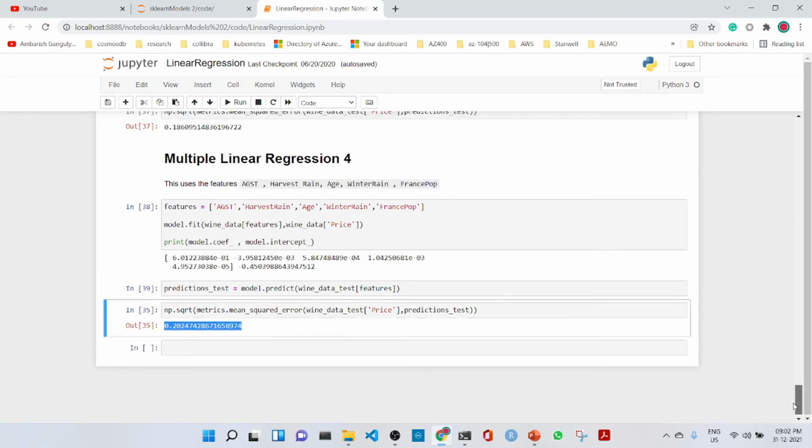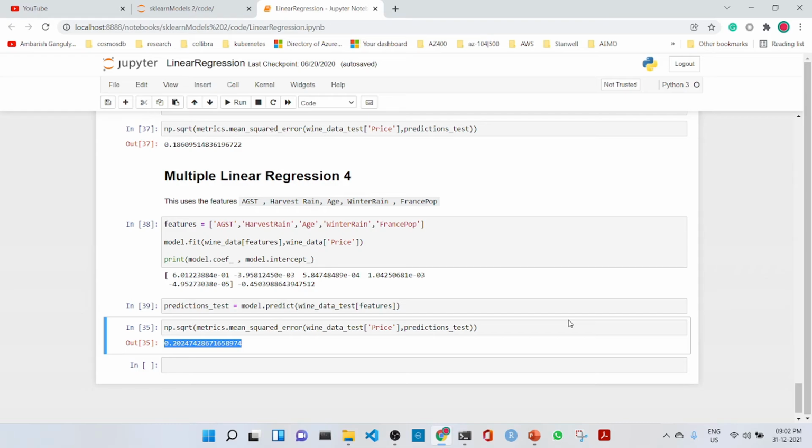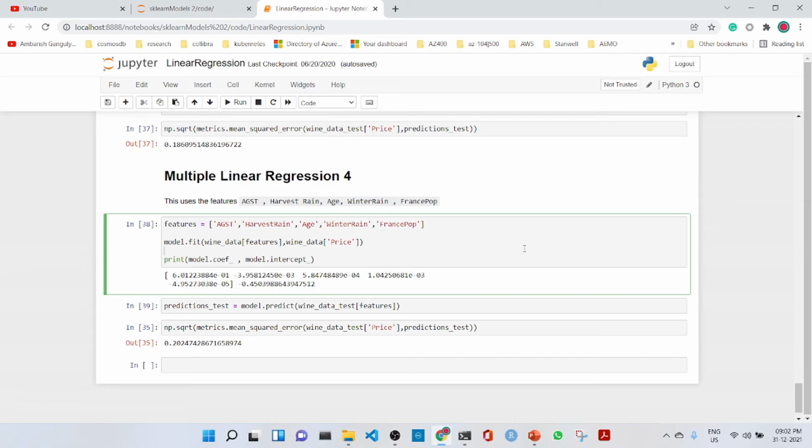So, in this way, we show how multicollinearity affects and reduces the capacity of the regression model, and it should be avoided. So, we will not use this model because there is a high correlation between age and France population.